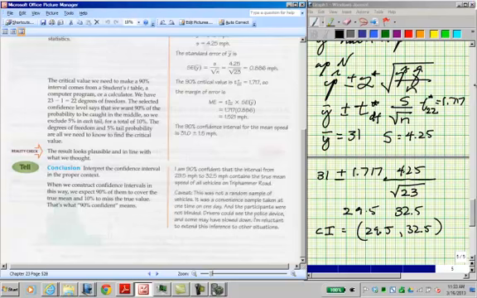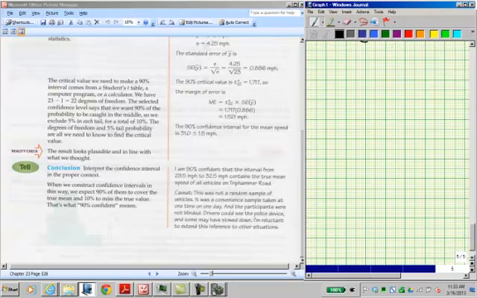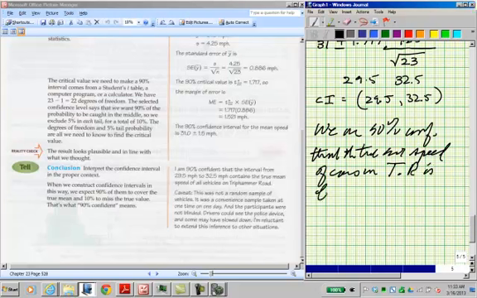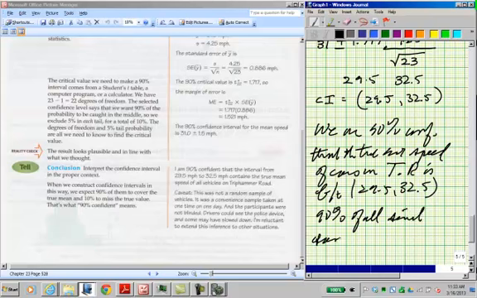So now we will write our conclusions. We are 90% confident that the true average speed of cars on Trip Hammer Road is between 29.5 and 32.5. Now, this is the interpretation of the confidence interval.